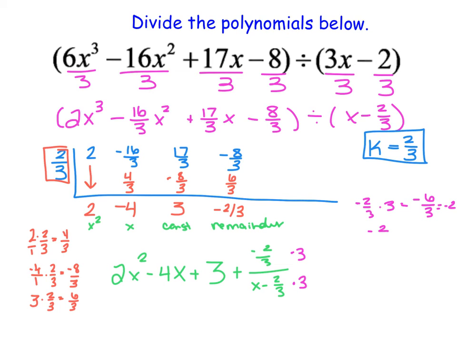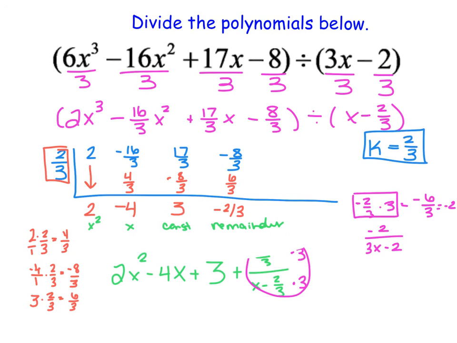So that can be a negative 2 in the top, and then if we multiply everything in the bottom by 3, x times 3 simply becomes 3x, and then again we have another negative 2/3 times 3, so that becomes minus 2.